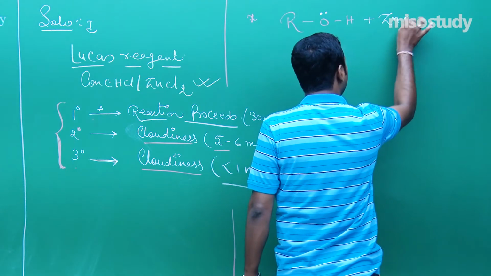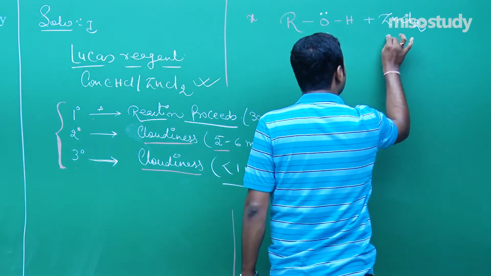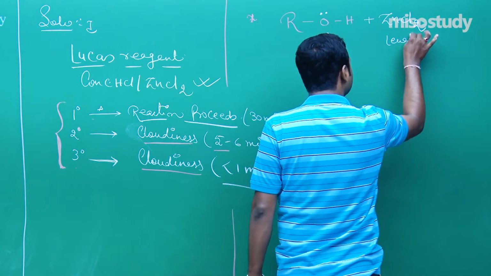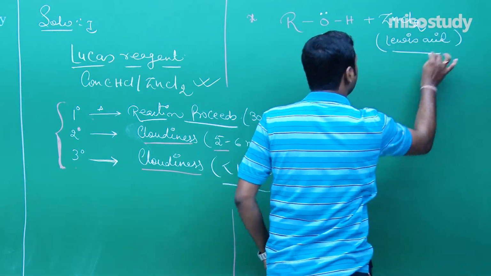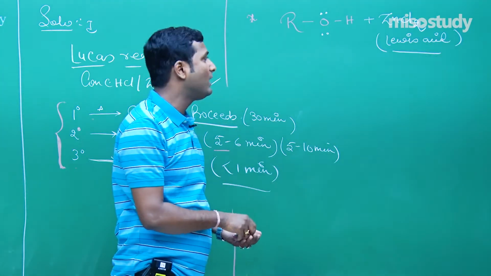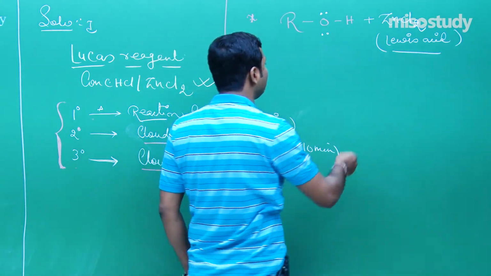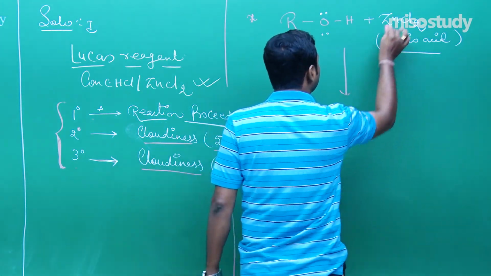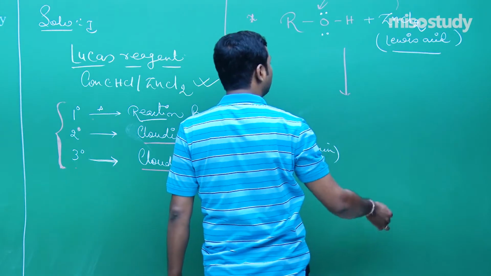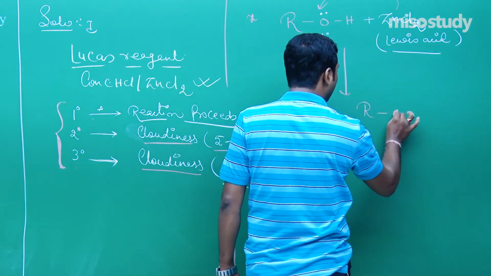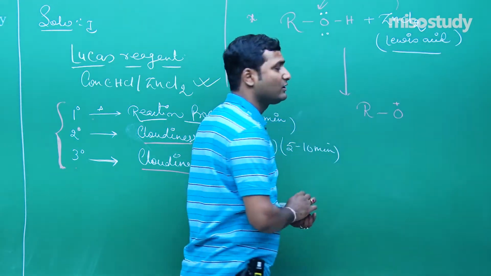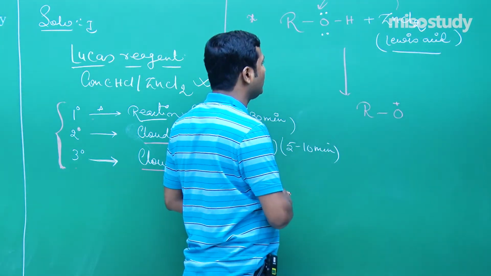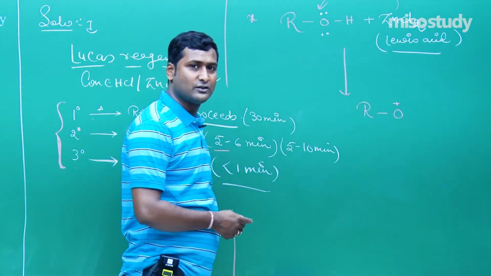And when treated with ZnCl2, as we know ZnCl2 is a Lewis acid. When ROH is treated with ZnCl2, what will happen? This will come here and accept the lone pair of electrons, and oxygen will acquire a positive charge. Clear to you what I am telling? Oxygen will acquire positive charge.